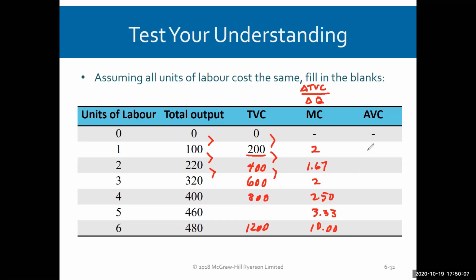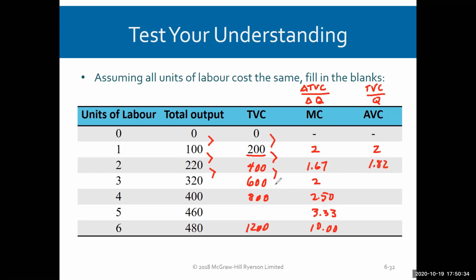Okay, so let's calculate average variable cost. That's just total variable cost divided by output produced. So I just go here, total variable divided by output. So 200 divided by 100, that's 2. And then the next one is 400 of total variable cost divided by 220. And if you divide that out, that's 1.82.